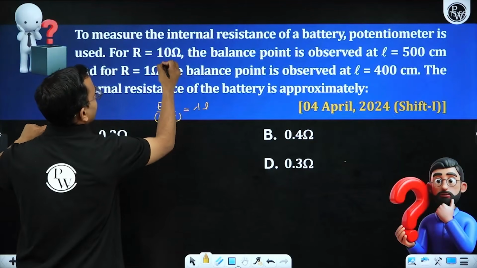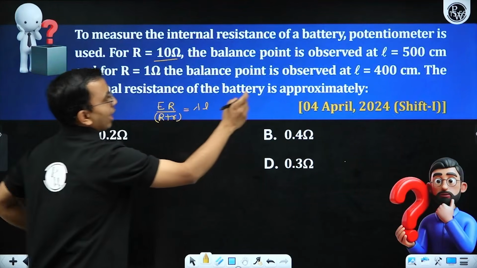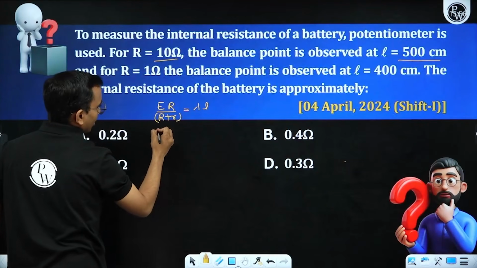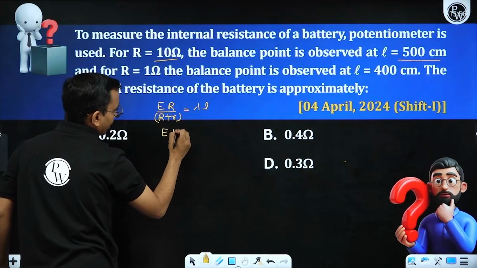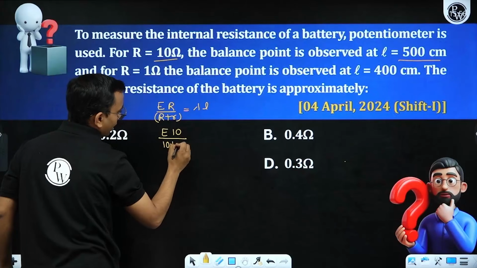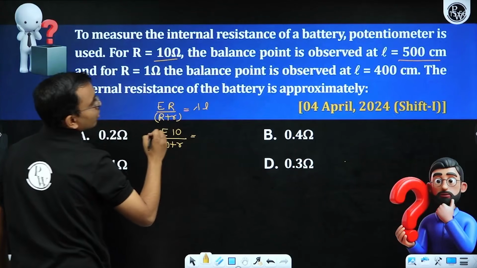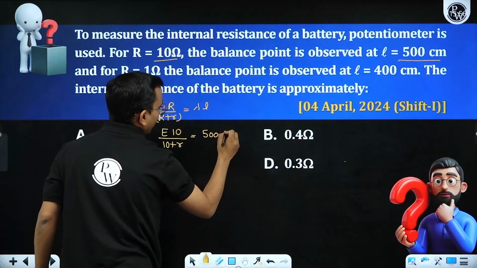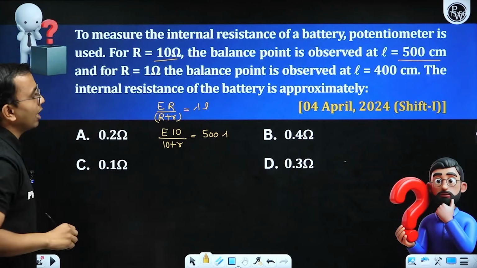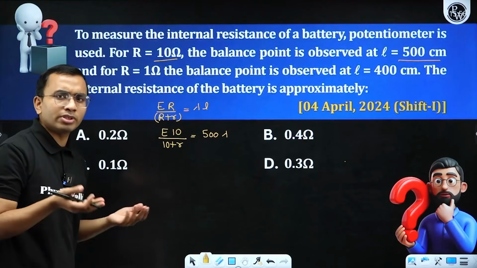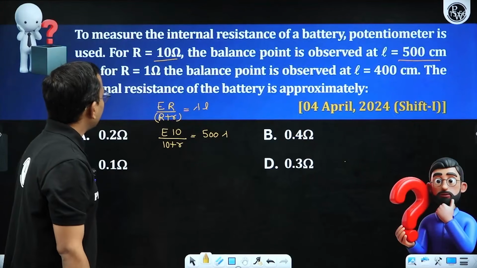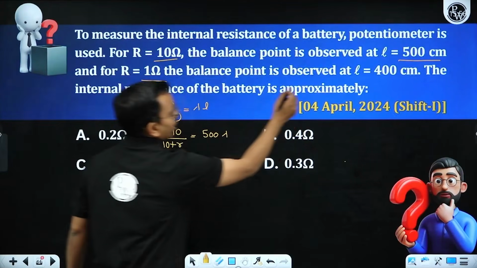For the first case, R is 10 ohm and L is 500 centimeter. Put it. E into 10 divided by 10 plus r is equal to 500 lambda. I'm not converting it to meters because anyway I'll divide, everything will get cancelled, units will get cancelled. Second case, when R is 1, it is 400.